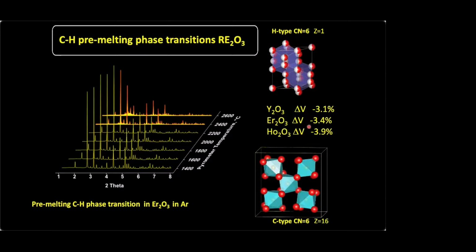Later, in collaboration with Axel van de Walle's group, we studied rare earth oxides, and we also saw a negative volume change on the C-H transformation in erbium and holmium oxide. It is about a 3% reduction.